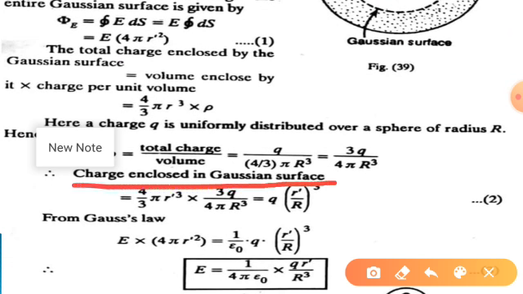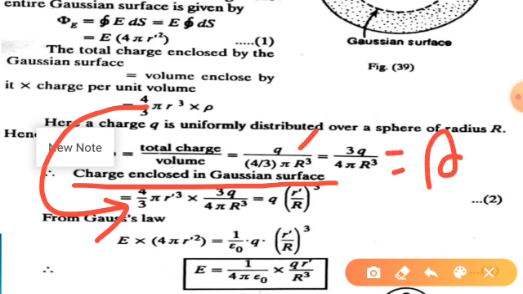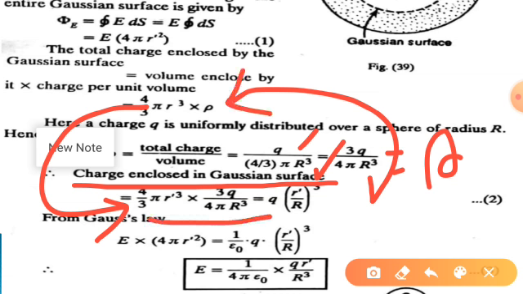The charge enclosed by the Gaussian surface is 4/3 π R prime cubed times the charge density, which is q by 4/3 π capital R cubed. Substituting the charge density, we get 4/3 π R prime cubed into 3q by 4π R cubed. Cancelling 4/3 π on both sides, we get q into r prime by R whole cubed.